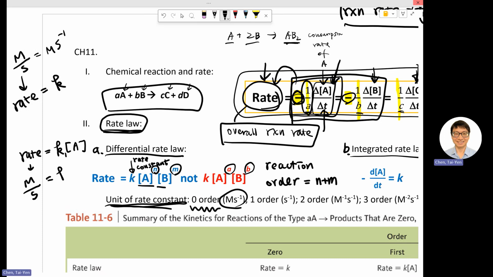You don't know the unit of k, but you do know the unit of concentration is molarity. So this and that will cancel out. Therefore, the unit of your rate constant k is just per second. Everybody follow this? Everybody understand?